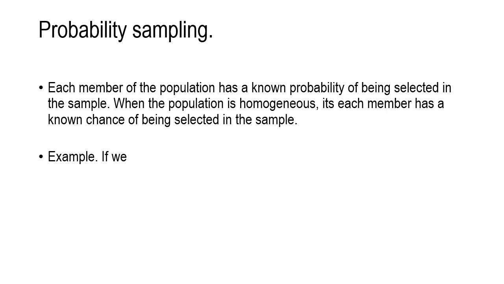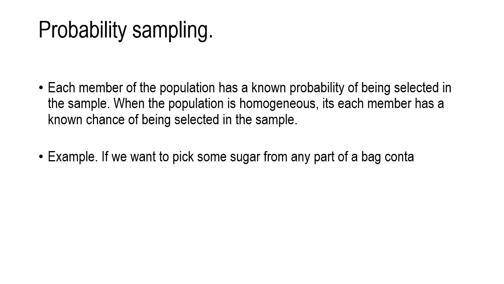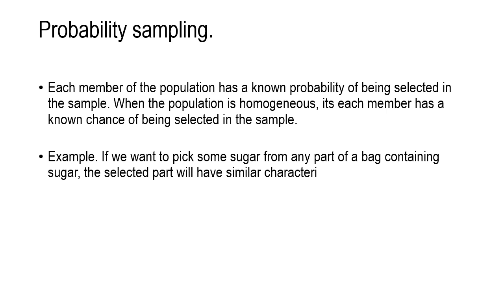I'm giving you an example. If you want to pick sugar from any part of a sugar bag, the selected part of sugar will have similar characteristics to the part which has not been selected.